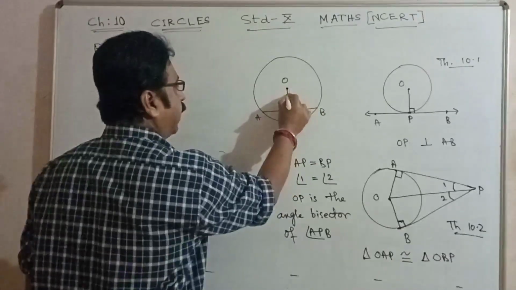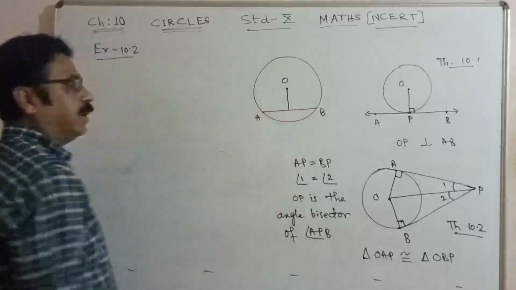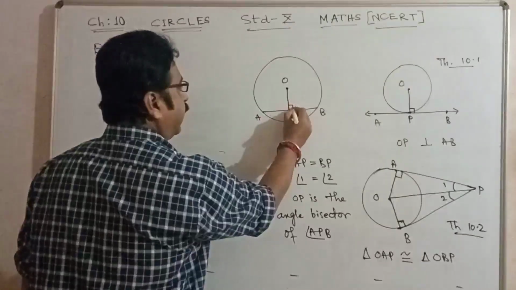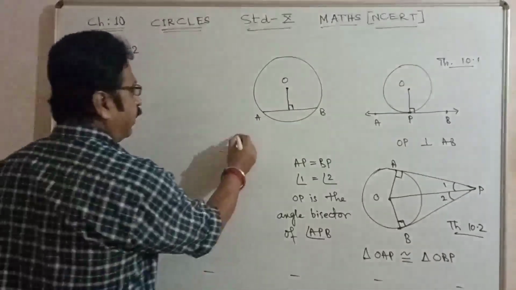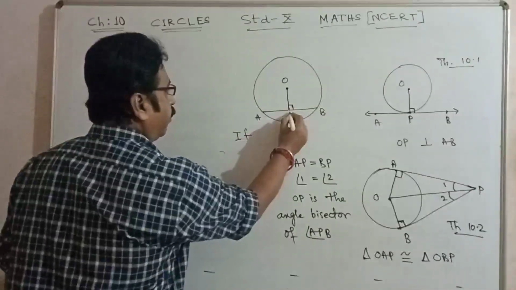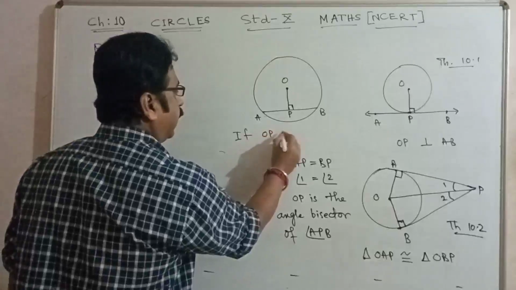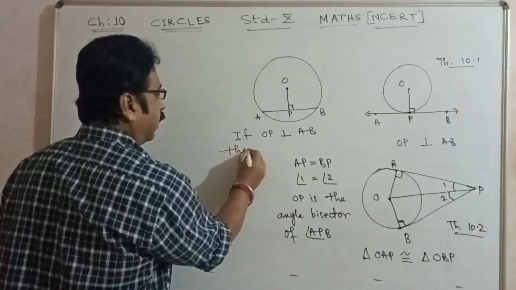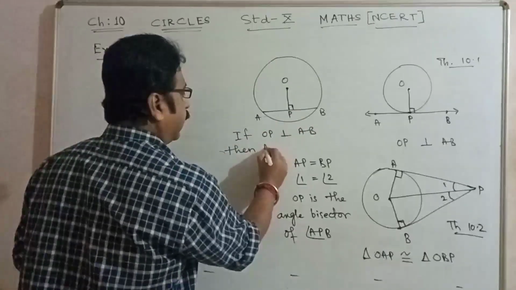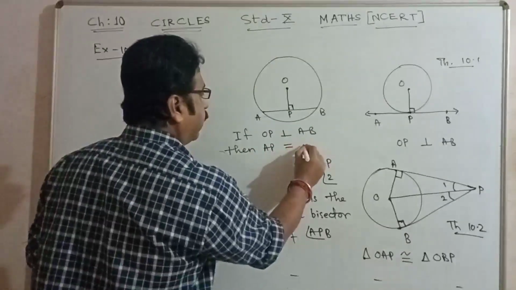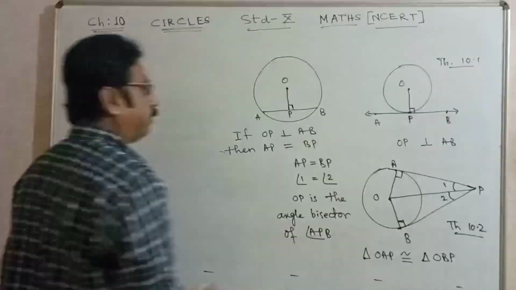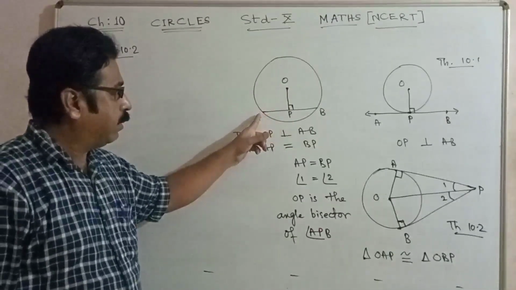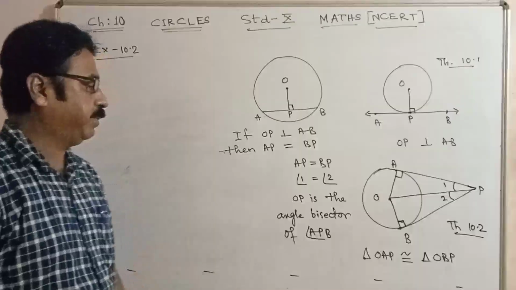If we draw a perpendicular from the center to this chord, that means if it is 90 degrees, if OP is perpendicular to AB, then AP will be equal to BP. That means the perpendicular from the center bisects the chord.